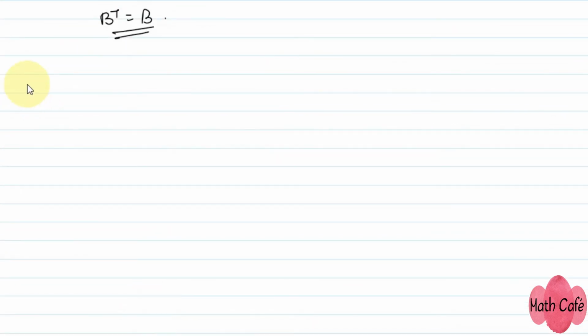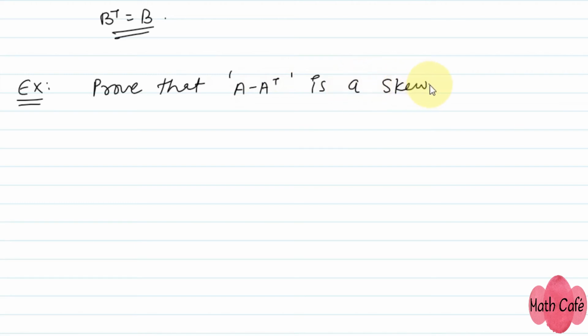Again we need to prove that A minus A transpose is a skew symmetric matrix. Alright, so let's proceed with the solution. Let's say A minus A transpose is another matrix B. So B is A minus A transpose.